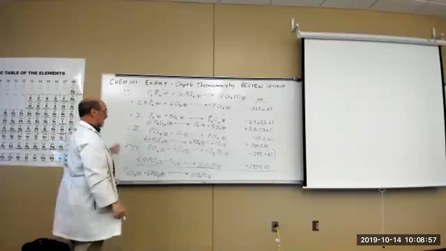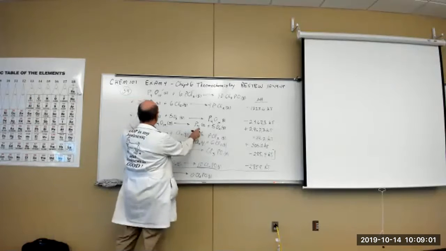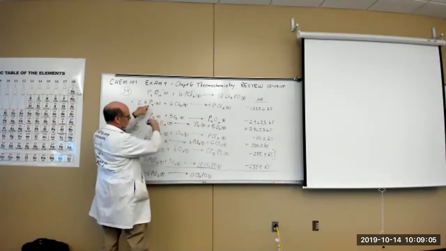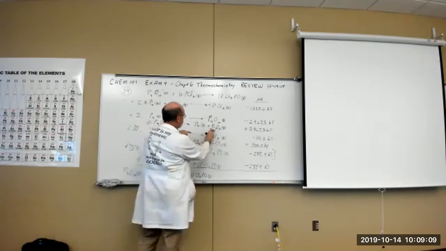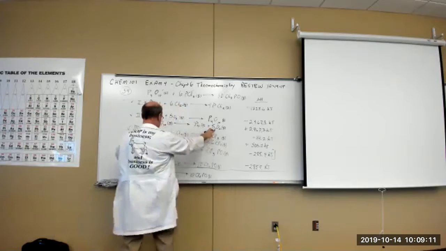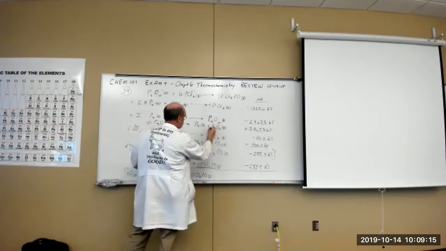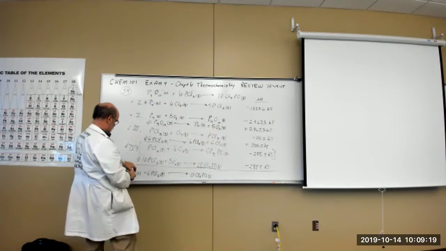Now let's look at the ones that I didn't underline. There's a P4 and a P4 on opposite sides. There's 5O2. Where's a 5O2? Okay. Let's see.